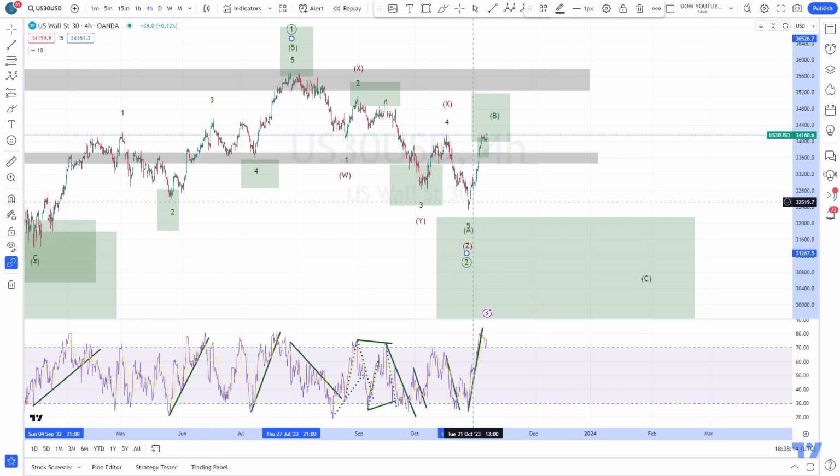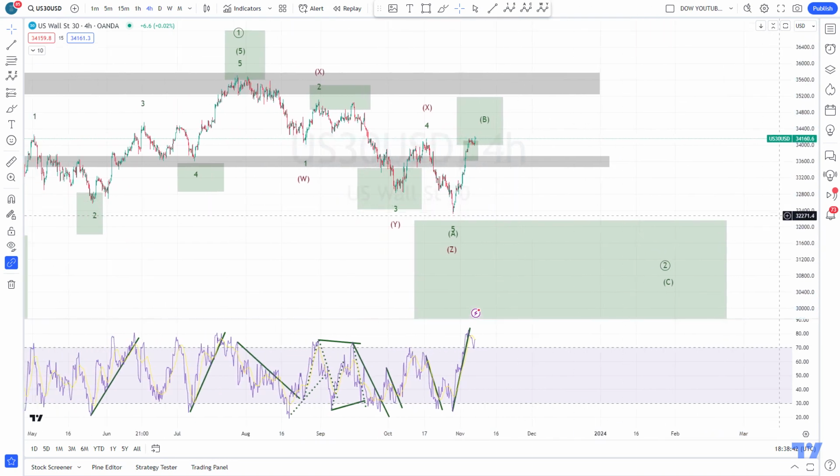Of course, the only confirmation that we can have is that we take out the high right here, and that would not happen immediately, I think. So there will still be a period of taking into account this triple three correction as a secondary scenario.